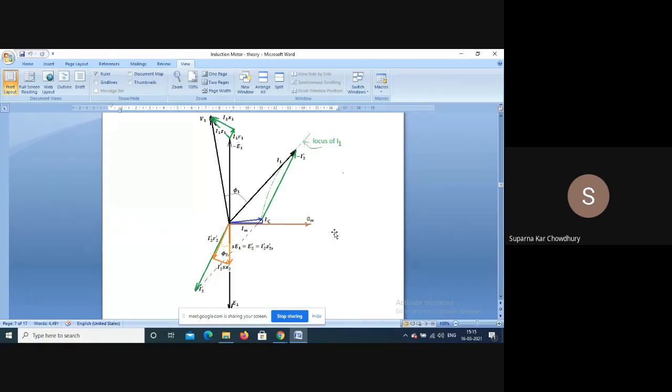At no load condition, at steady state, the slip is very small, around 1%, that is 0.01. For full load, the slip for a well-designed motor is normally in the range of 4 to 5%.